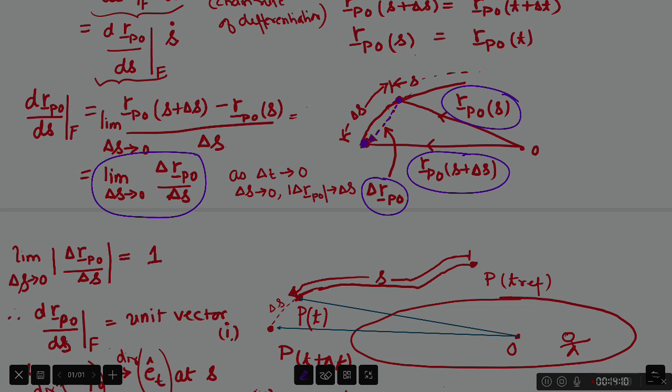Now looking at this geometry, we are going to draw some conclusions.